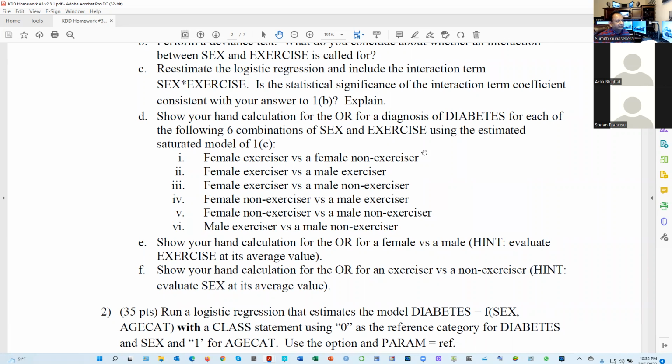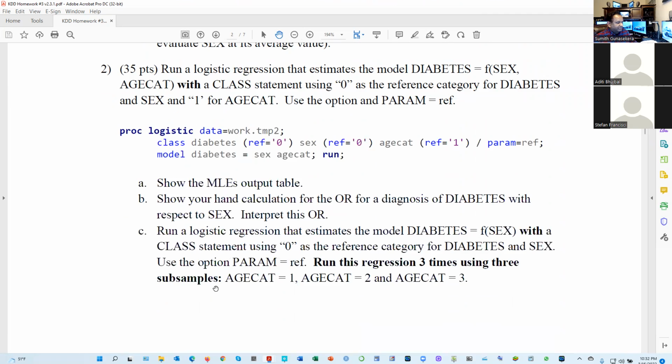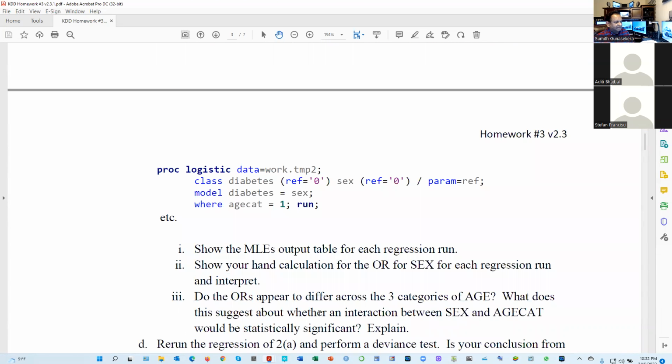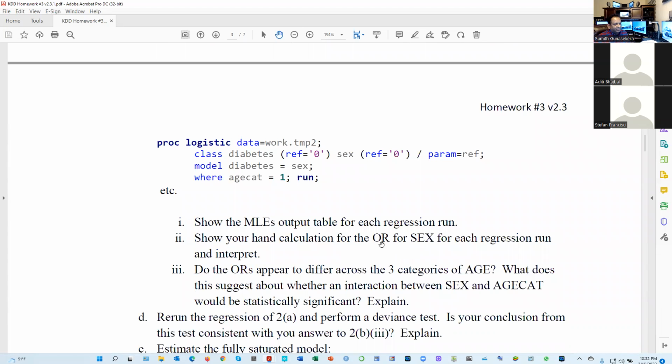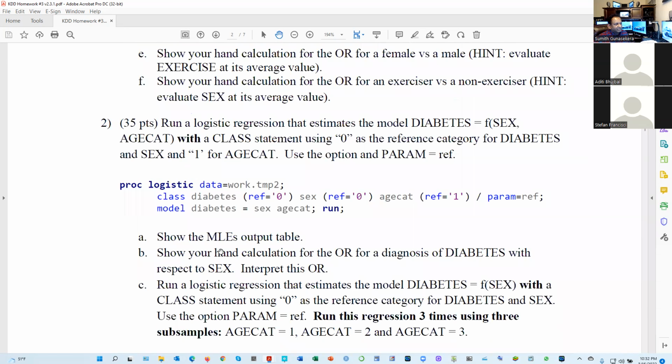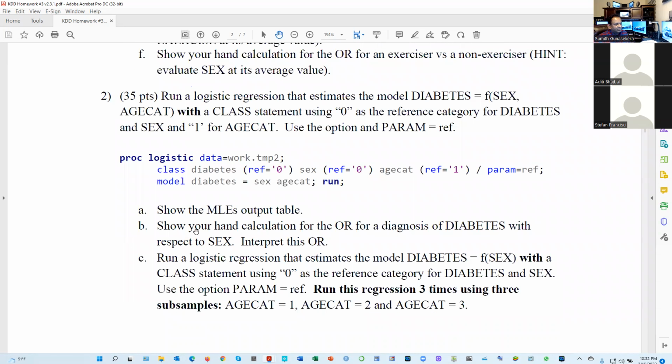Sex and exercise combination with respect to these two, that's the same way. You can say show a hand calculation of the OR for the sex for each regression run. Here to 2C, to 2B, diabetes with respect to gender.